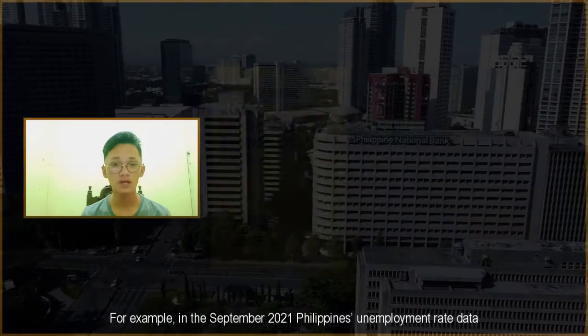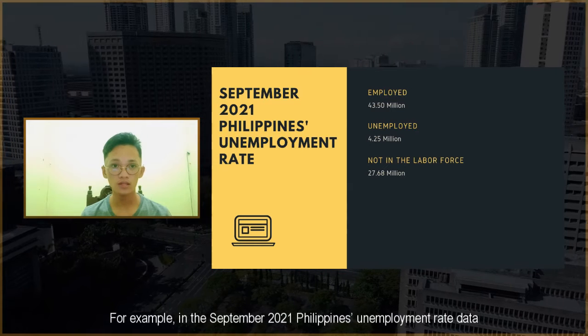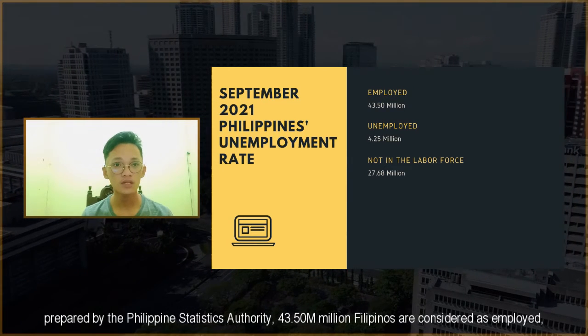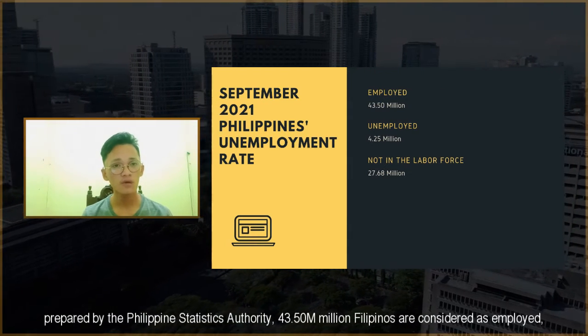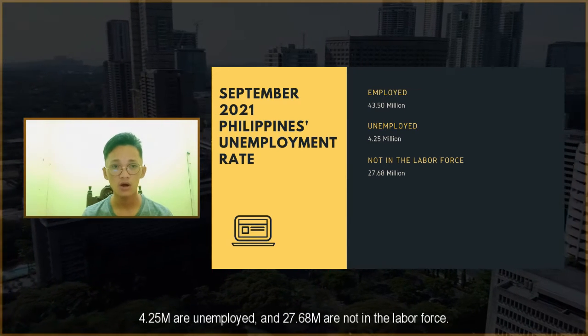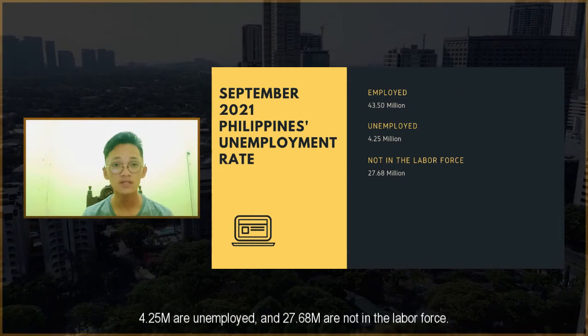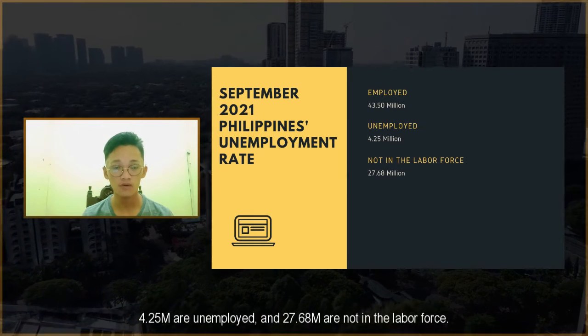For example, in the September 2021 Philippines unemployment rate data prepared by the Philippine Statistics Authority, 43.50 million Filipinos are considered as employed, 4.25 million are unemployed, and 27.68 million are not in the labor force.